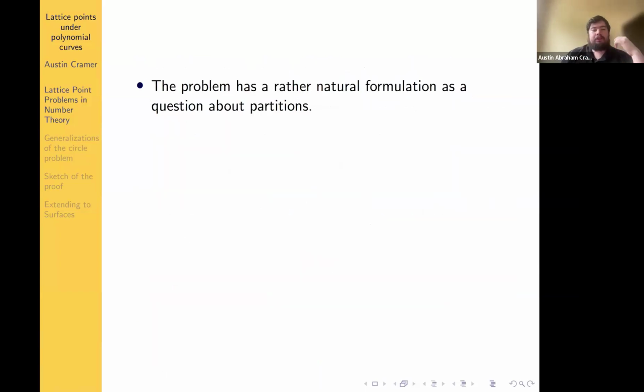Okay. And in addition to sort of the geometry of lattice points inside the circle, this has a fairly natural arithmetic interpretation as a question about partitions into squares.